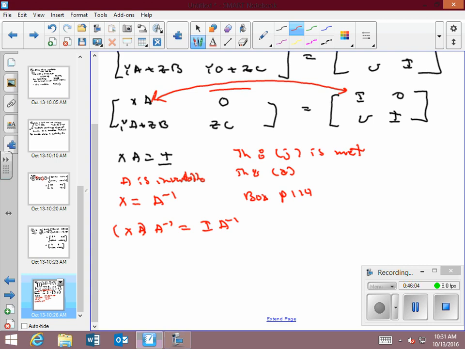And then there's that theorem that says I can do X associative property. And then this is A invert, X, this is I. So X is equal to A invert. And now what I've done is I've shown X in terms of A. It says find the formulas X, Y, and Z. So I've got X in terms of A.